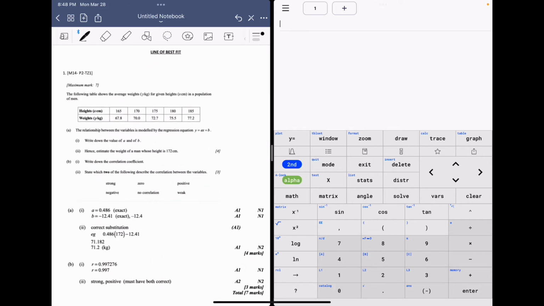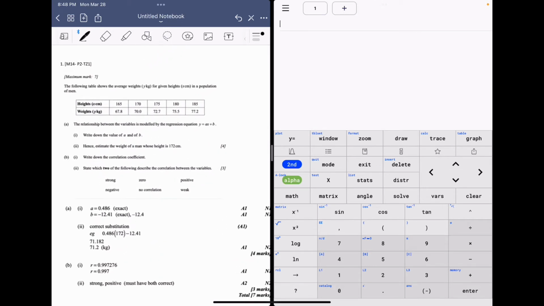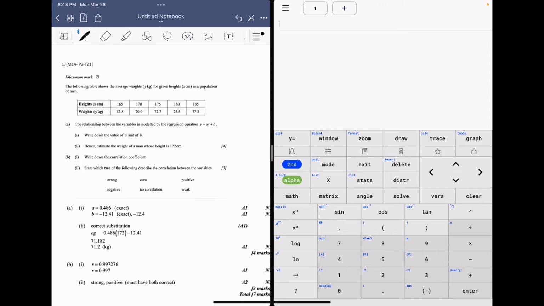Your first question is May 2014, Paper 2, time zone 1. The following table shows the average weights y kilogram for given heights x centimeter in a population of men. Heights are given 165 to 185, weights are given 67.8, 70.0 up to 77.2. This table is already given, you have a calculator, so first you need to enter the table.